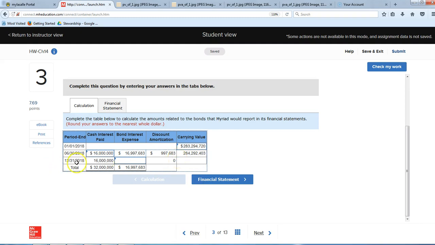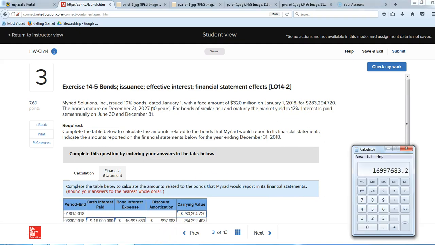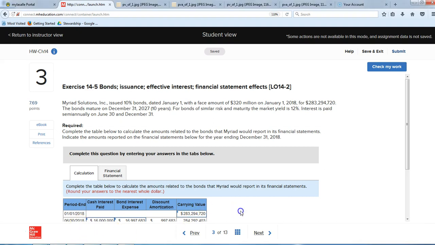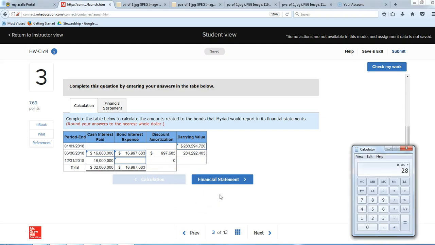Okay, and in the next period, December 31st, 2018, they need to accrue interest. The interest will be based on the effective interest rate, 6% for six months, multiplied by the previous outstanding balance. The previous outstanding balance is 284,292,403.